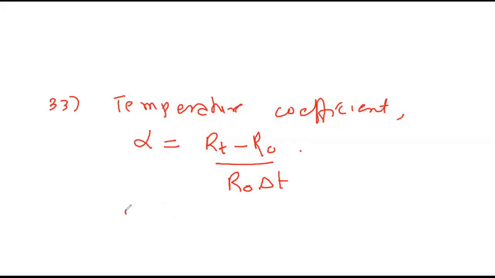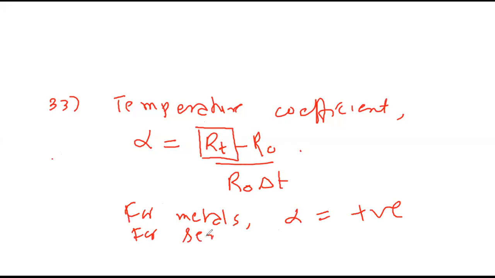Now, for metals, ये रेजिस्टेंस बढ़ेगा जब टेम्परेचर बढ़ाएंगे. रेजिस्टेंस बढ़ेगा मतलब डिफरेंस पॉजिटिव रहेगा क्या नेगेटिव रहेगा? Positive. So for metal, alpha is positive.